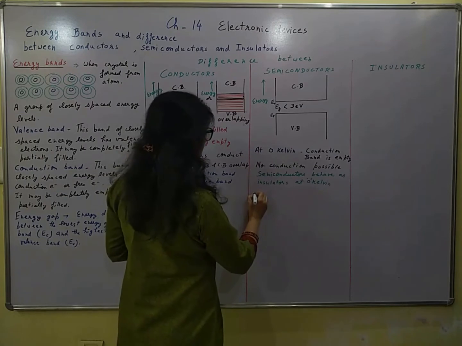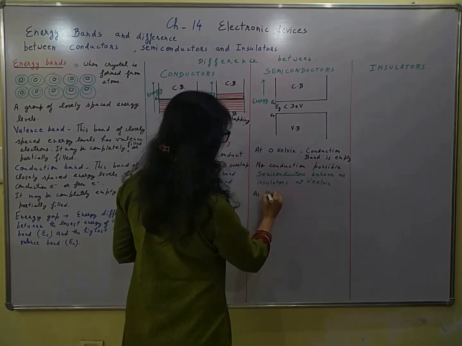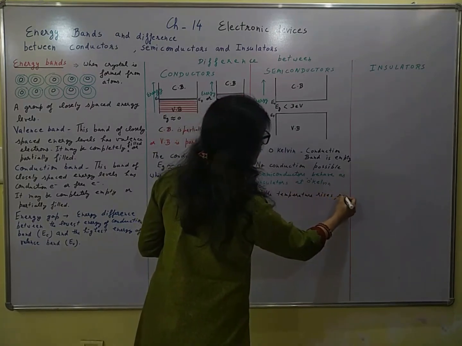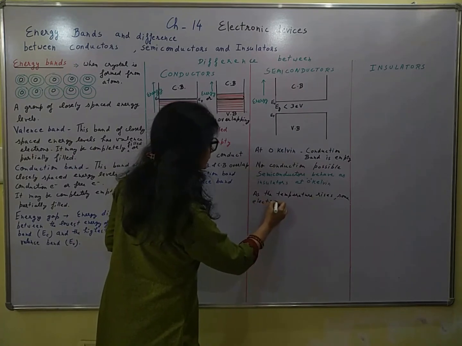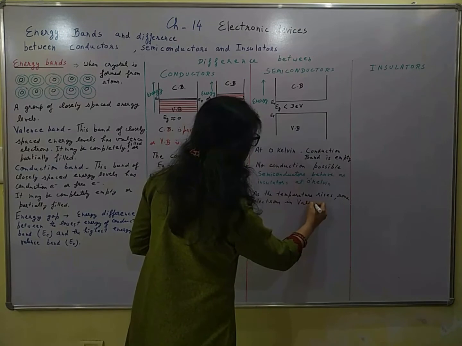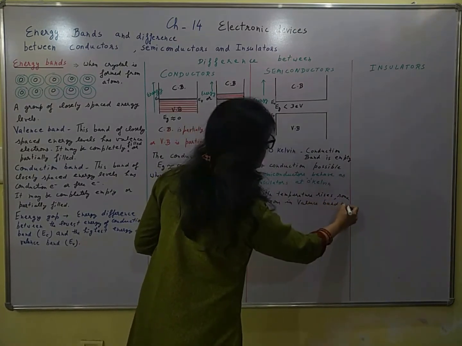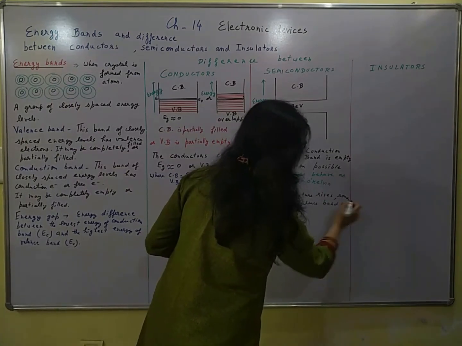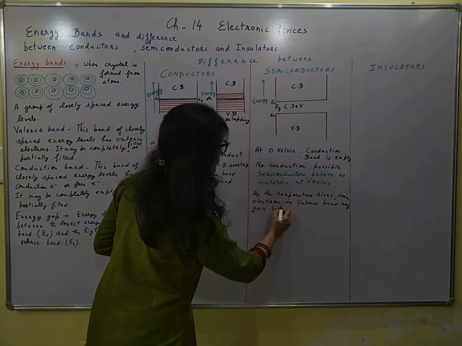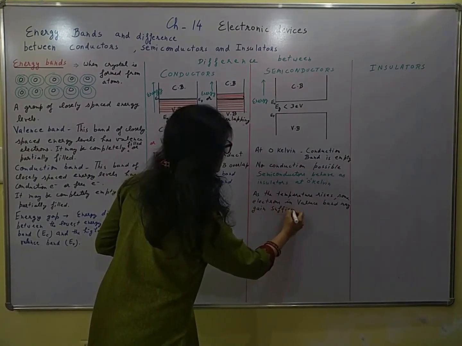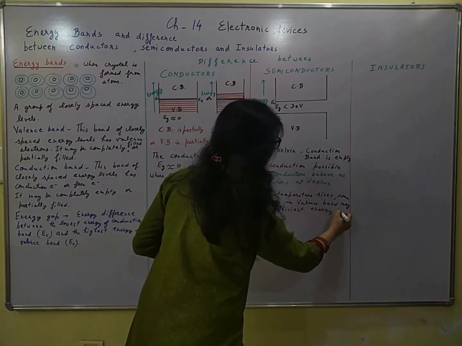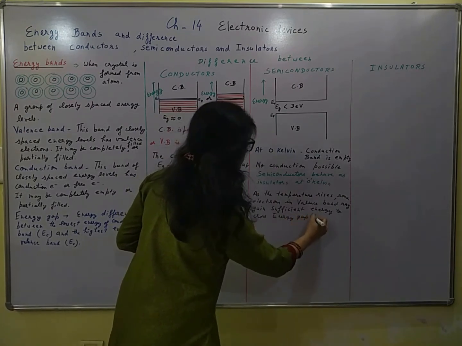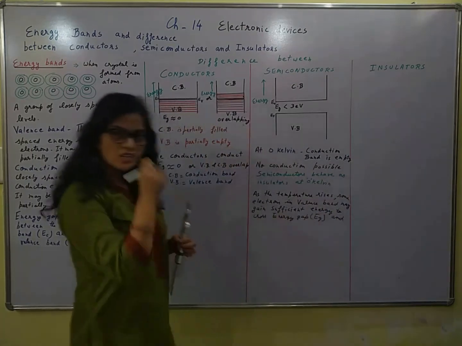So that's why you can say that as the temperature rises, some electrons in the valence band may gain sufficient energy to cross the energy gap and reach the conduction band to conduct.